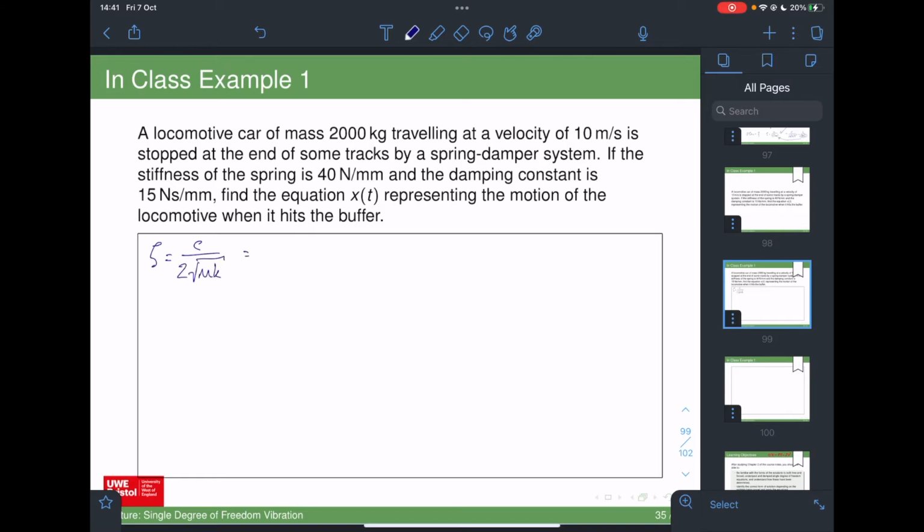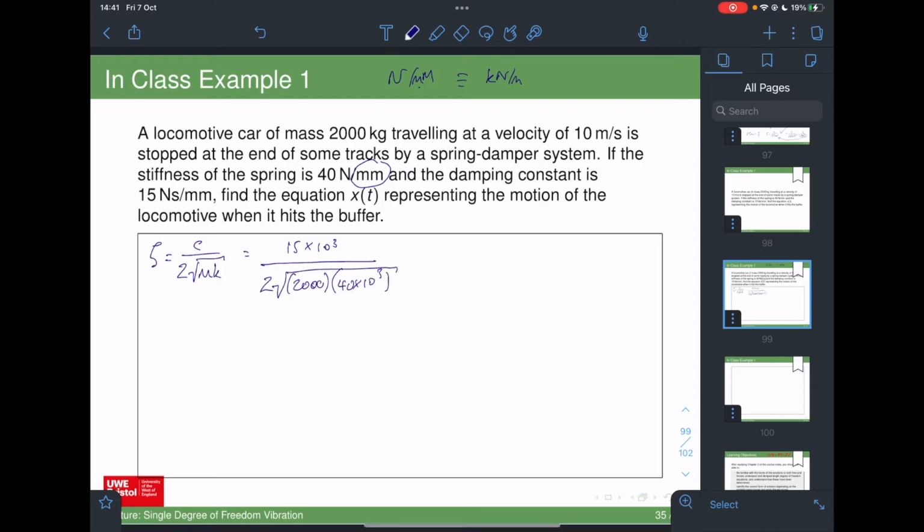So my damping constant is 15 times 10 to the 3. Notice that because it's millimetres, no, that's not 40, it's 15, okay? Because we've got newtons per millimetre, that's equivalent to kilonewtons per metre. So I've got the 10 to the 3 in there, over 2 root mk, where m is 2000 and k is 40 times 10 to the 3.